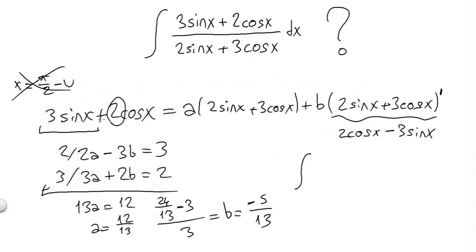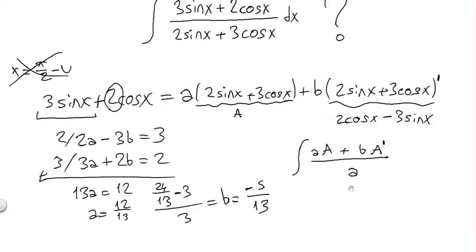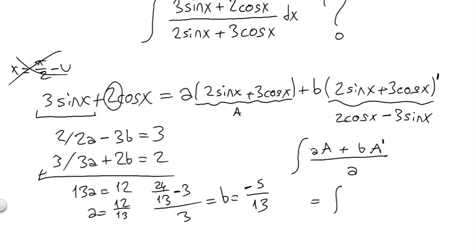Now I said I have something on top, which is a times, so now let's call this thing A. It doesn't matter, it's just for substitution. Let's say this is capital A. So my integral is actually equal to a times A plus b times the derivative of A, over the denominator, which was just A. So now I can separate them.